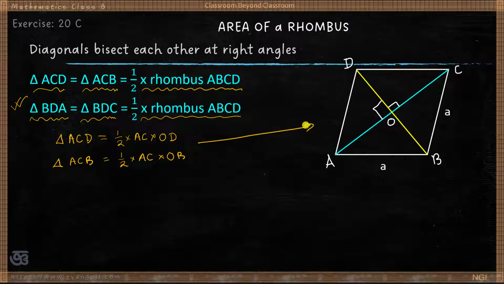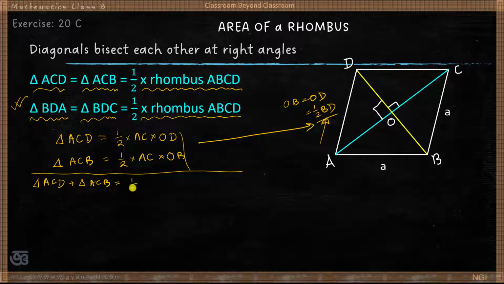Now in the rhombus you see OB is equal to OD and that is equal to half of BD. So BD is the diagonal of the rhombus ABCD. Let us add them up. Area of the triangle ACD plus area of the triangle ACB. If we take half of AC common, then that will be equal to OD plus OB.